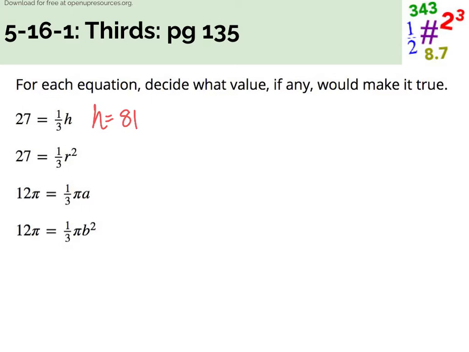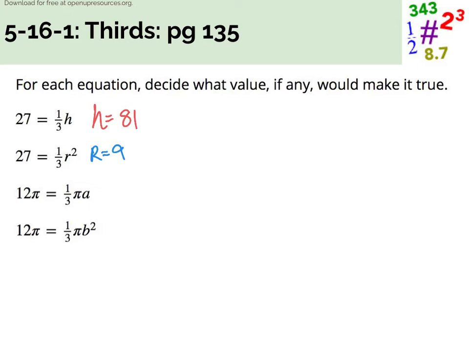Moving on, what number multiplied by itself and then divided by 3 is going to equal 27? If I take 9 and multiply it by itself, that's 81 divided by 3, it's also going to equal 27. Let's move on.